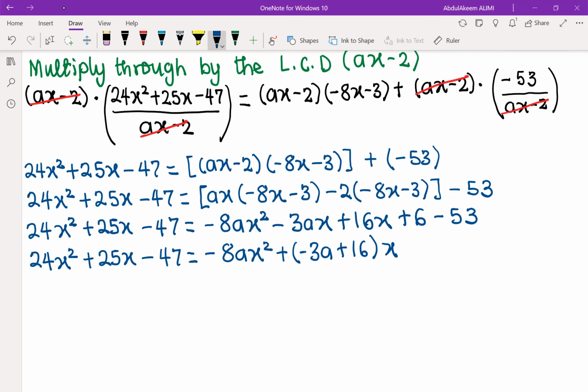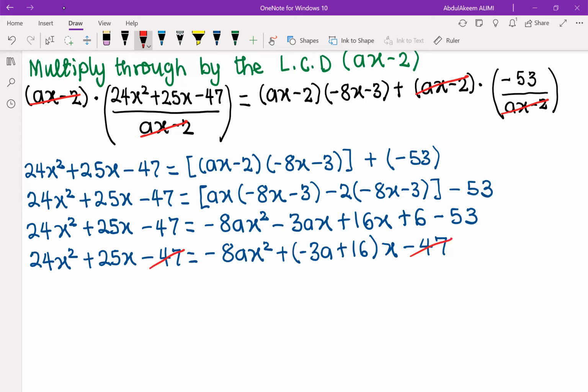That's minus 47. So when we look at the left-hand side and the right-hand side, you can see we have x squared, we have x, and we have a constant of minus 47. The constant minus 47 on both sides will cancel each other out. So we are left with 24x squared plus 25x on the left-hand side and minus 8ax squared plus minus 3a plus 16 all times x.